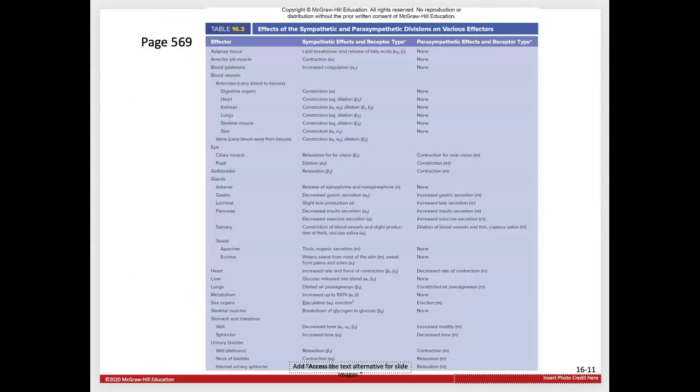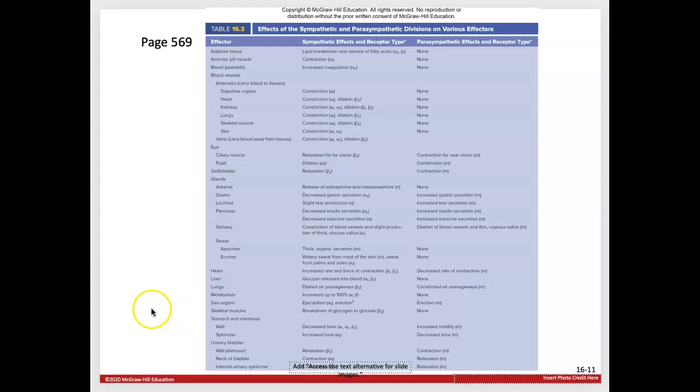So this is on page 569 in your textbook, and on the worksheet that accompanies chapter 16, this is where you'll find the information. I think I gave you the page number in the book of where to find it on the worksheet as well.